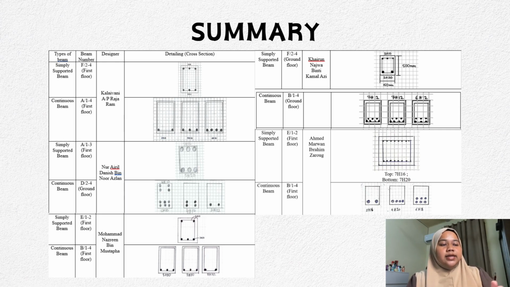The first cross section is 2H6 for the bottom reinforcement, the middle cross section is 4H10 for the bottom reinforcement, and the last cross section is 6H8. So I think that's all for the summary part.